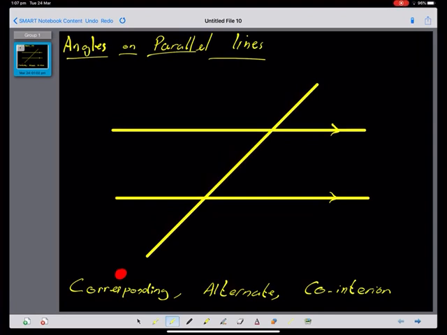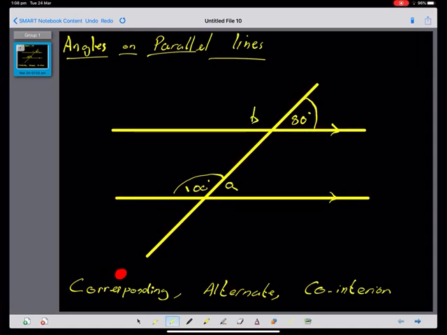Let's call this angle 80, and I would like you to find A, and let's call this angle 100, and I'd like you to find B.